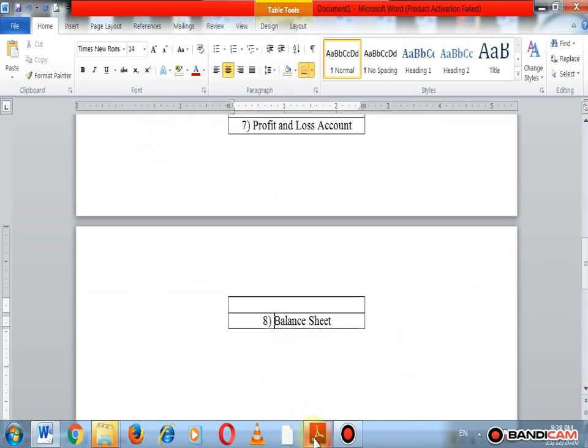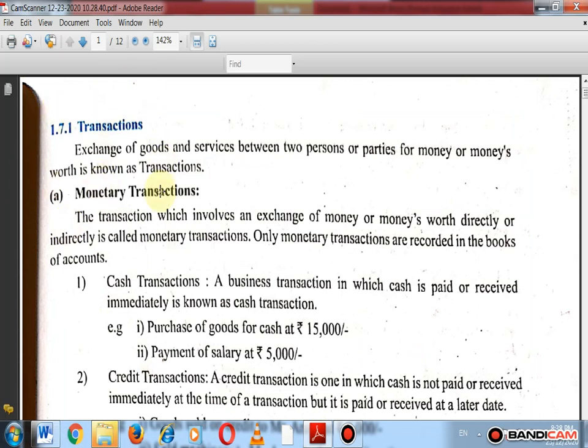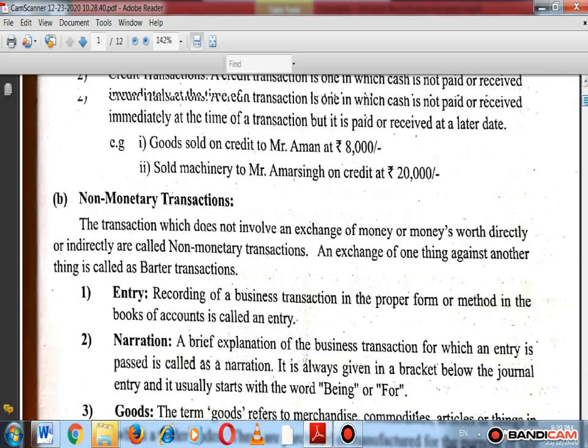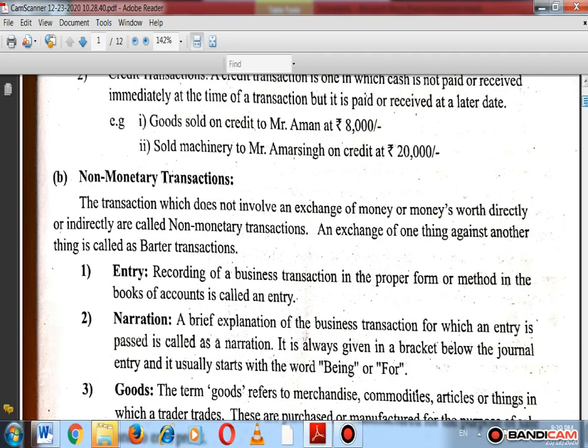Here, transaction means the exchange of goods and services between two persons or parties for money or money's worth. A transaction has two types: monetary transactions and non-monetary transactions.